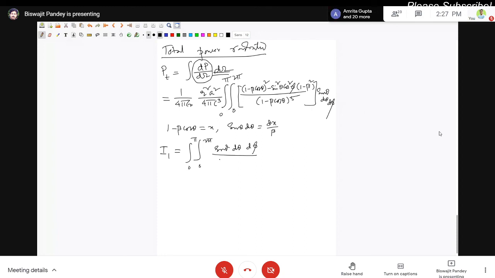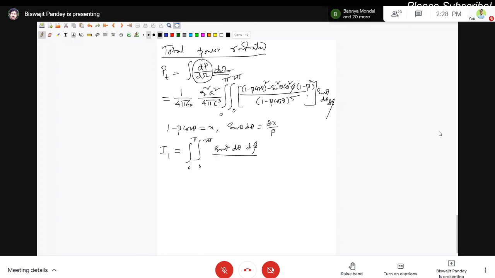And I think we did one part of it in the last class. What is that result? Let us remember. It was sine cube theta, I think.